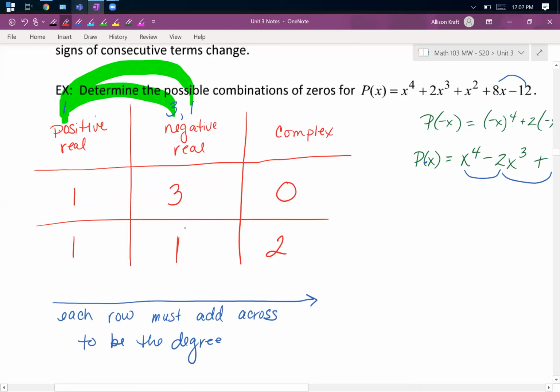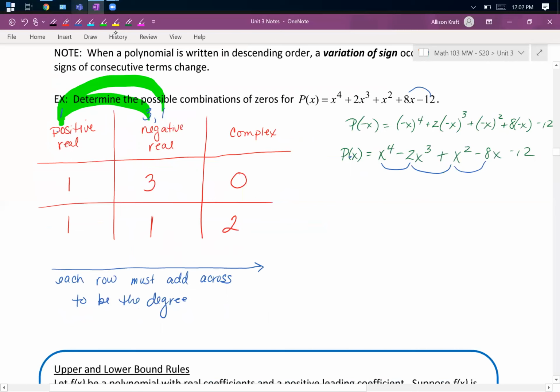In this example, we don't have any columns with zeros, and again, I'm only looking at the first 2. So I would choose the type of number that had the biggest numbers in their column. Since 3 is the biggest number and it's in the negative real column, I would start my list of possible rational zeros by checking negative numbers. So that's the first thing that we can use to help us narrow down the list and make good choices.